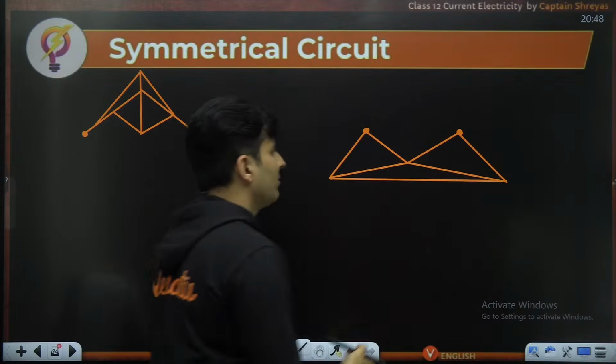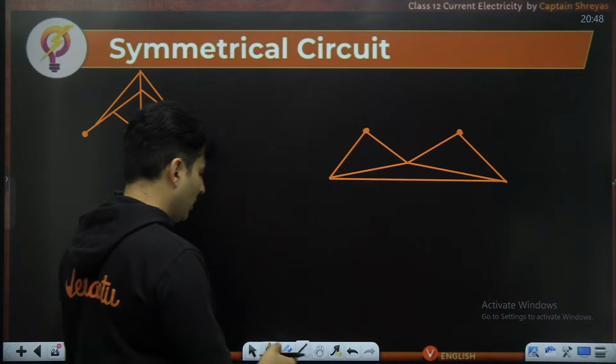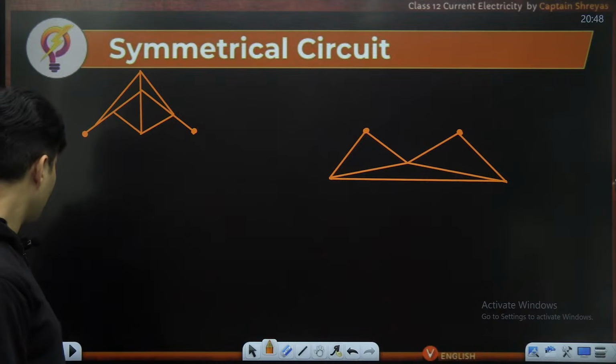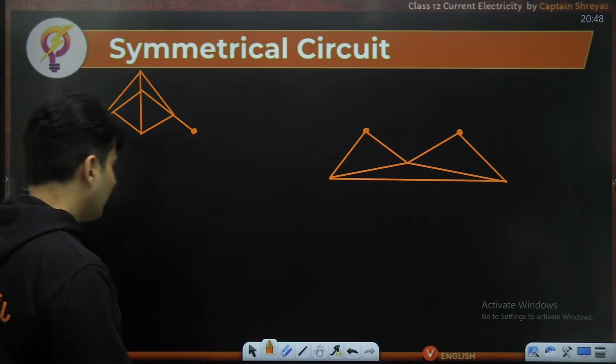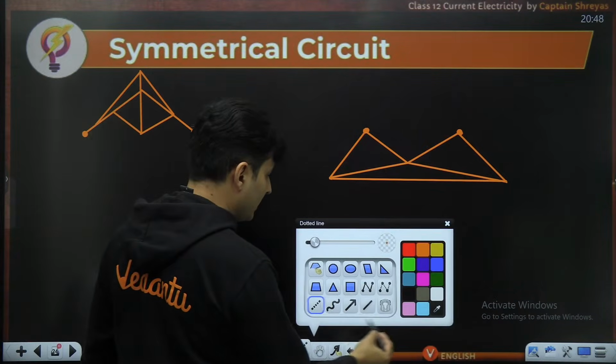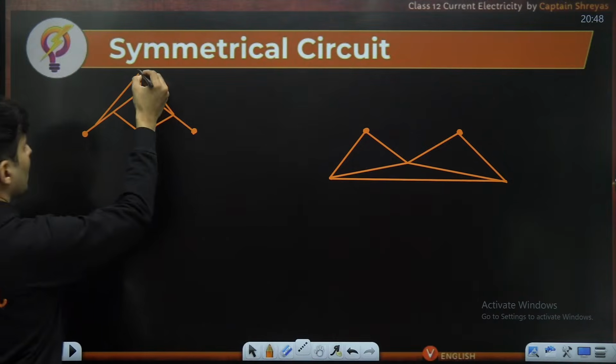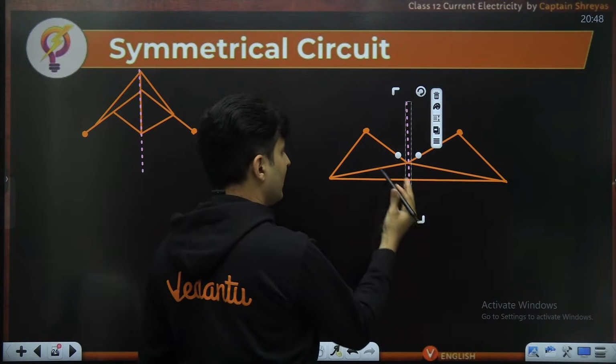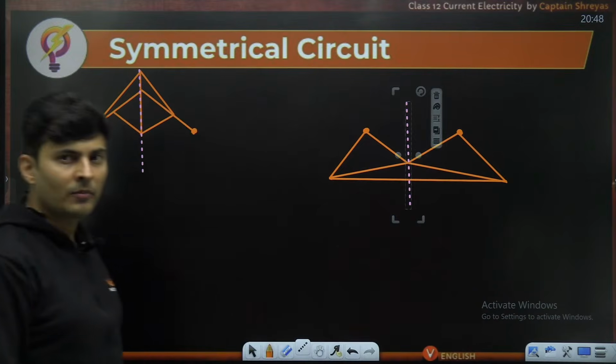Some kind of symmetry is there between the points where you want to find the resistance. As you can see in both the questions, there is a line of symmetry. This is the line of symmetry. Here also, whatever is there on the left side is there on the right side.